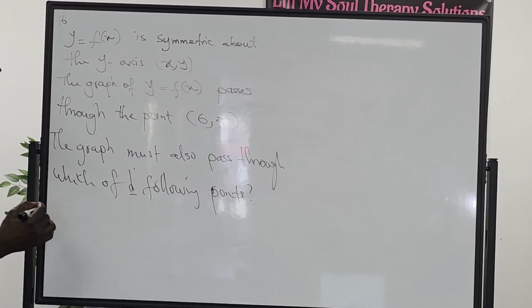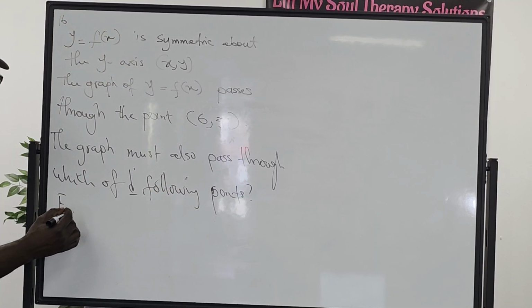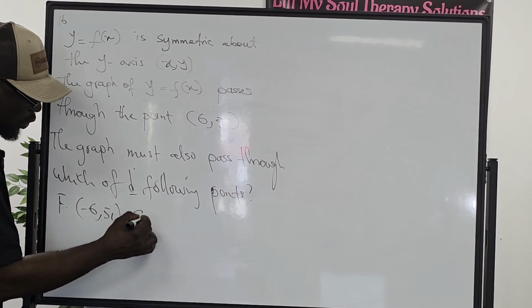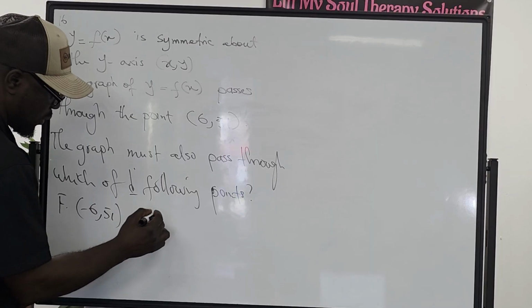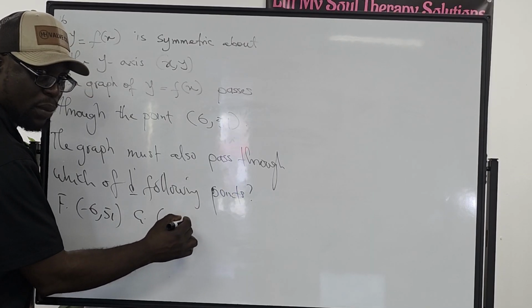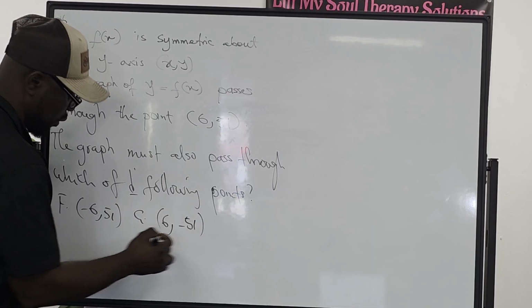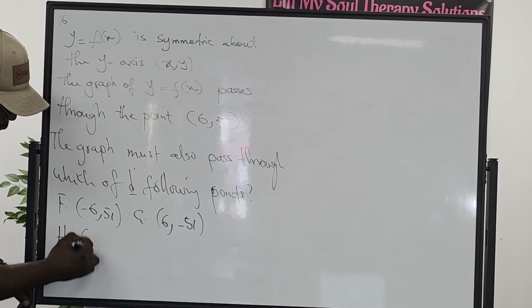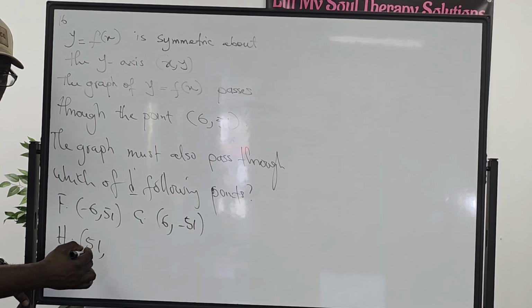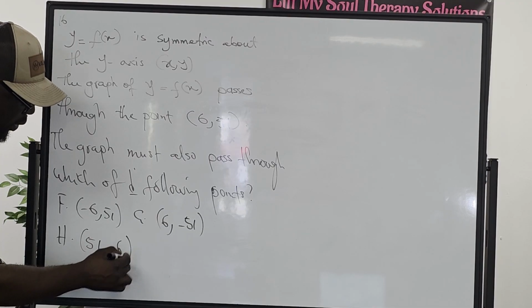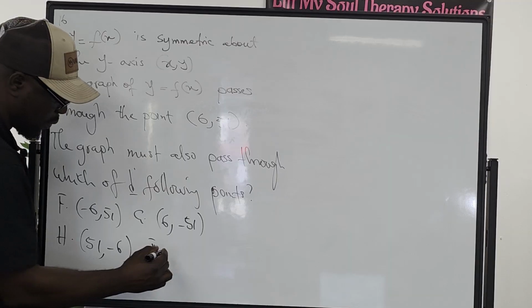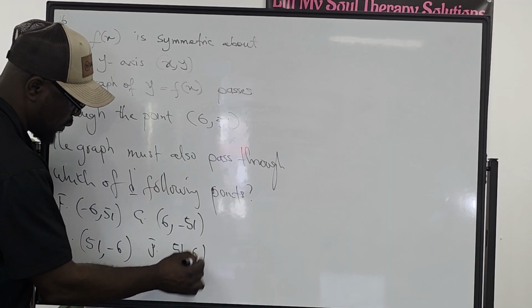And it gave us option F, minus 6, 51. Option G is 6, minus 51. Option H is 51, minus 6. And option J is 51, 6.